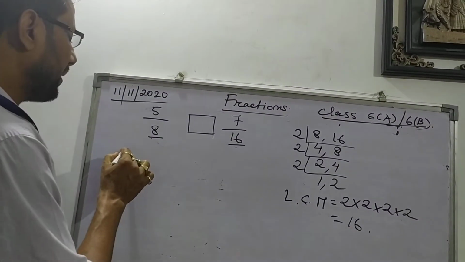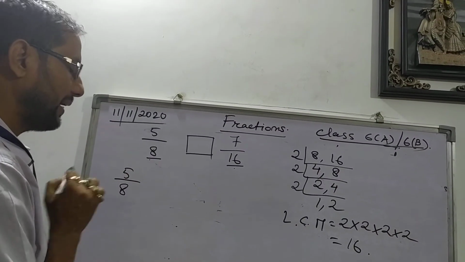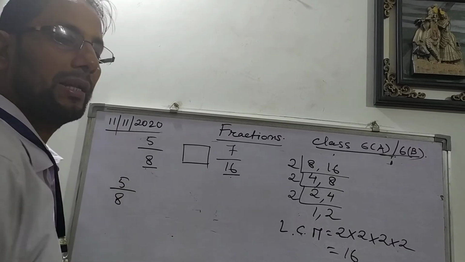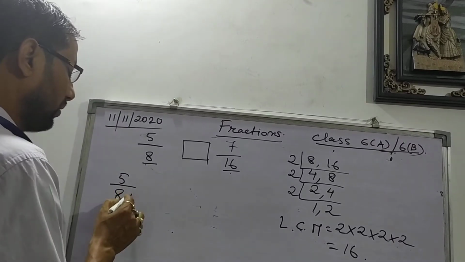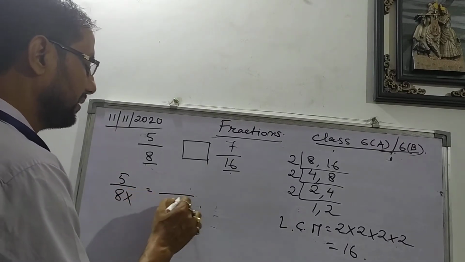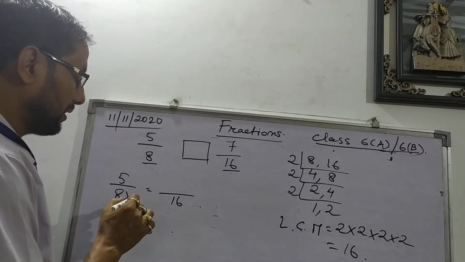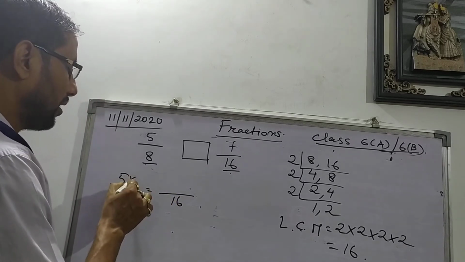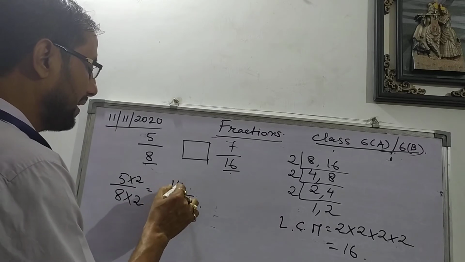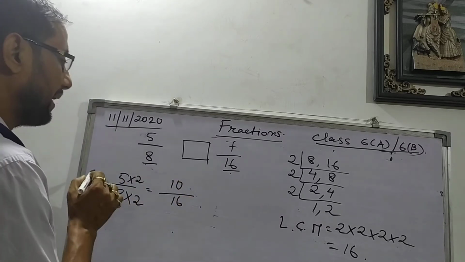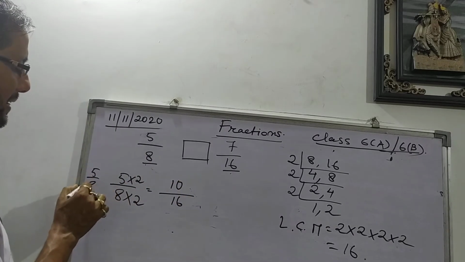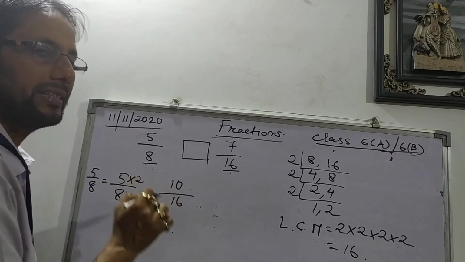So now 5 by 8. By what number will I multiply this 8 to get 16? I will multiply 2. Here also I will multiply 2. So 10 by 16. That means 5 by 8 I can write as 10 by 16.